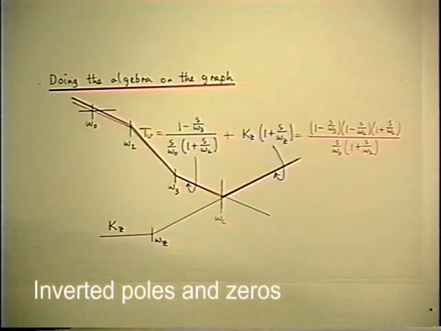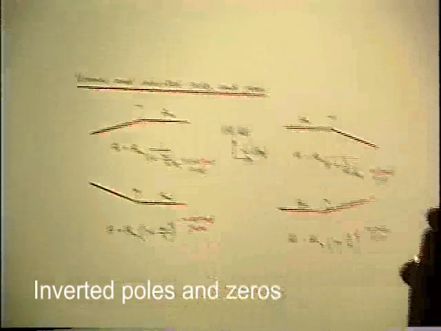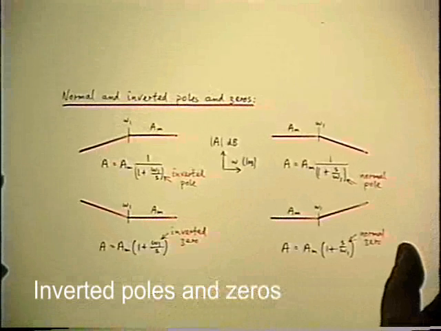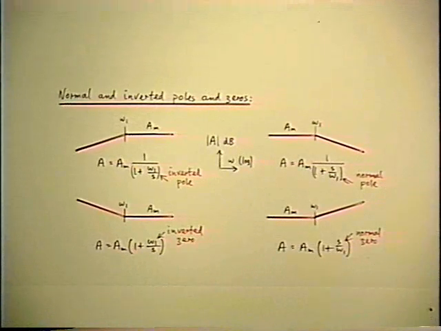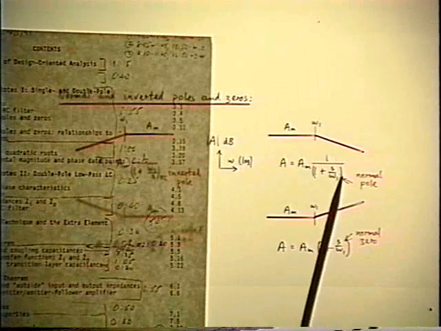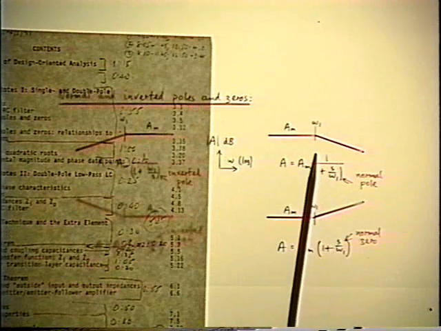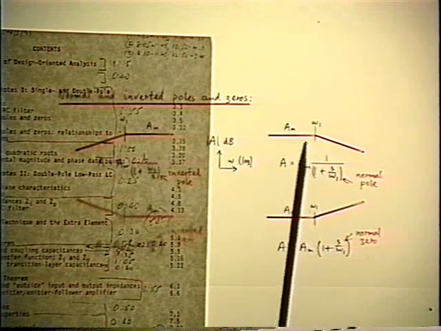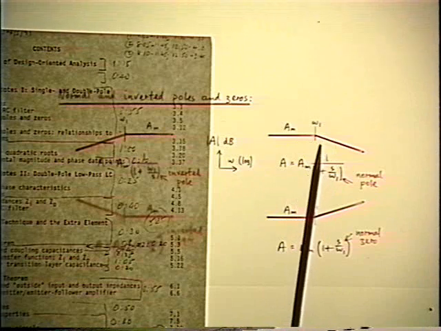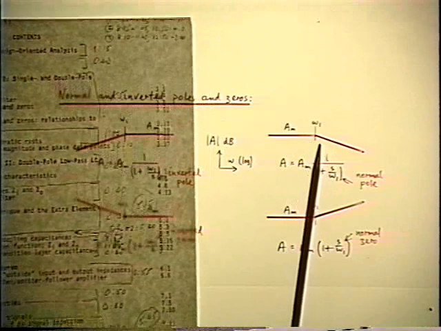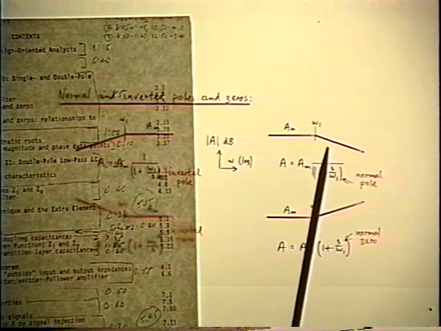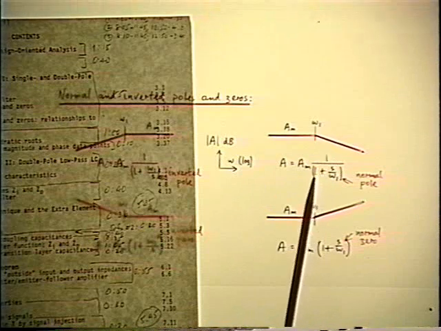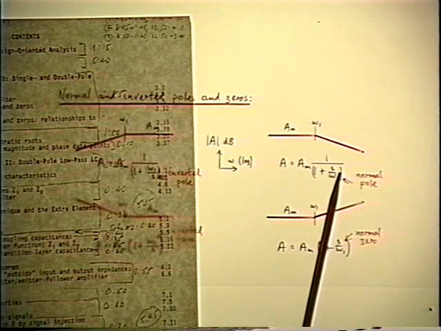Here's another technique of design-oriented analysis. If you just look at the right-hand part of this picture, you recognize, and again this is asymptote form of magnitude versus log frequency, the picture on the top represents the normal pole, and that's represented by a 1 plus s term in the denominator.